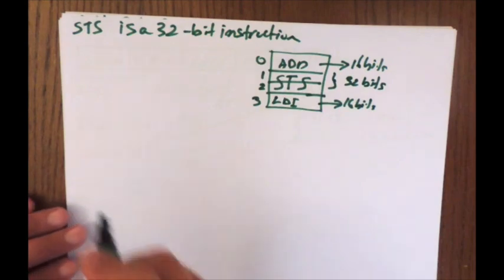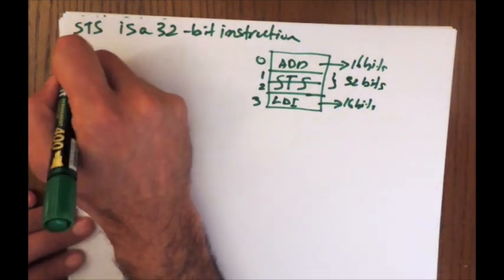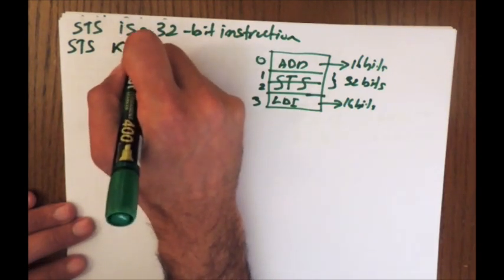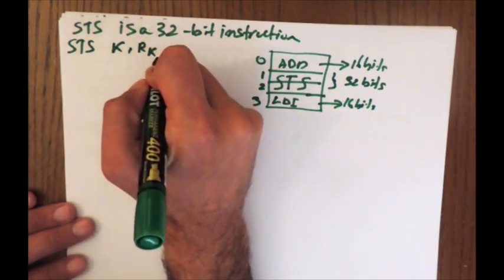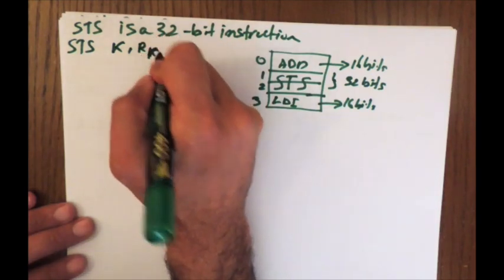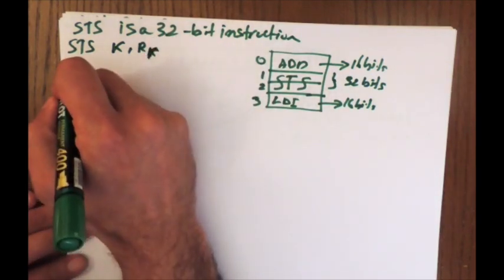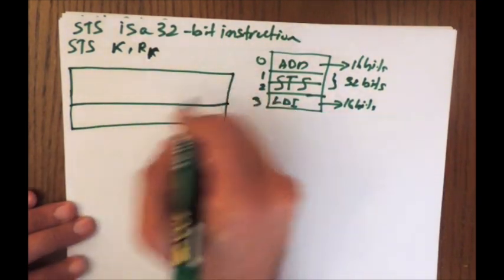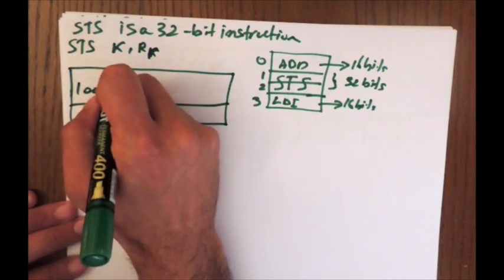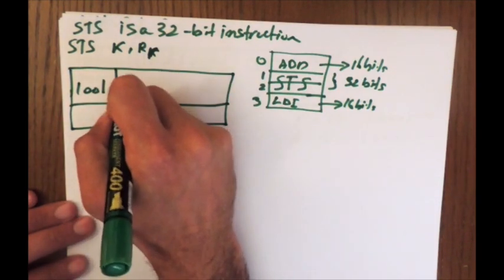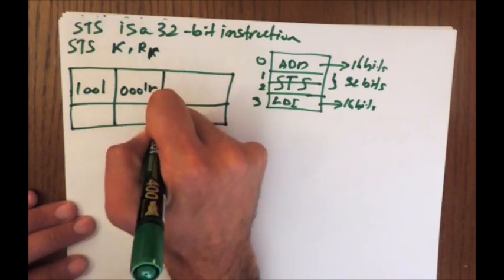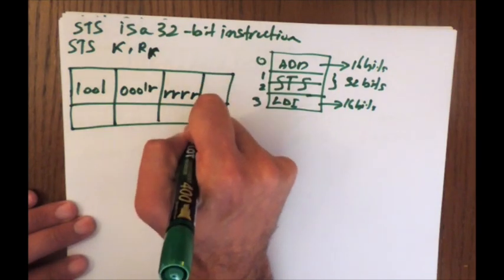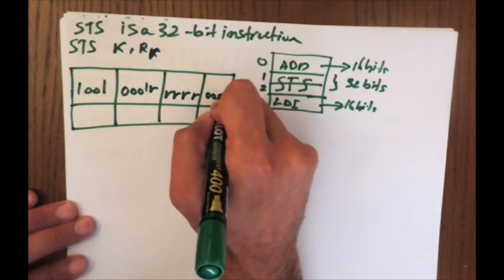So I'll go ahead and write, we have SDS K, R, or RR, for example. I write it like this: we have 1 0 0 1, we have 0 0 0 1 R, and then we have R R R R zeros.